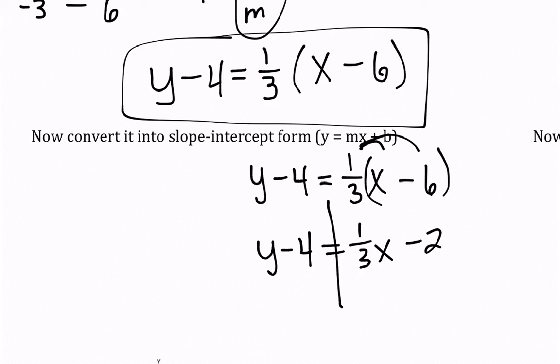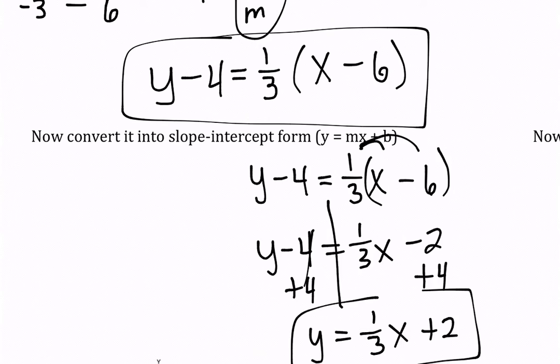Okay, so we're almost there. The only thing I have left to do is to get rid of this -4, so I'm going to add 4 to both sides. So I have y equals 1/3 x, -2 plus 4 is a +2. So these two equations form the same exact line, but they're just written in 2 different forms.